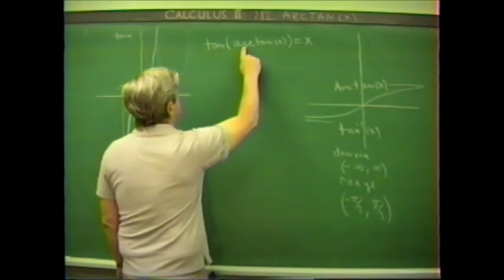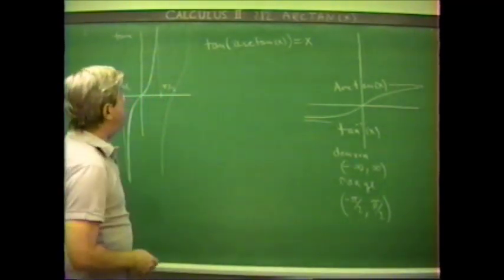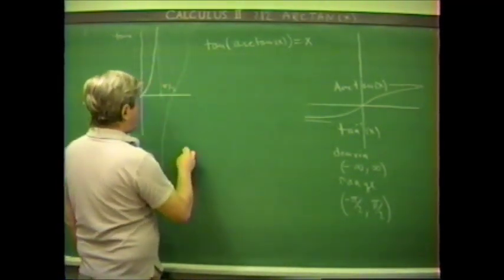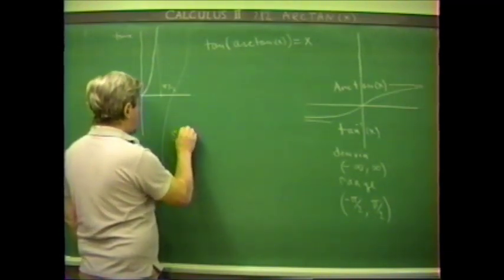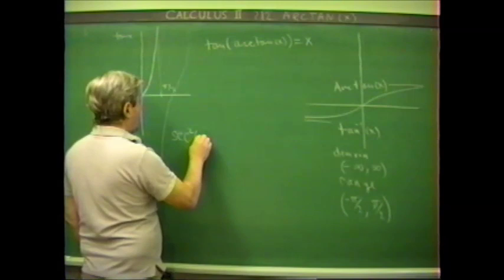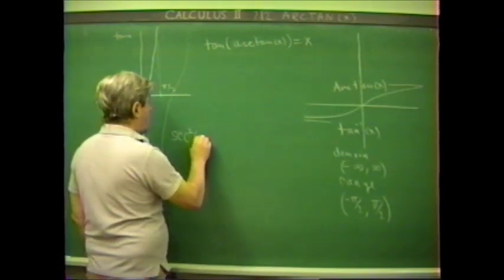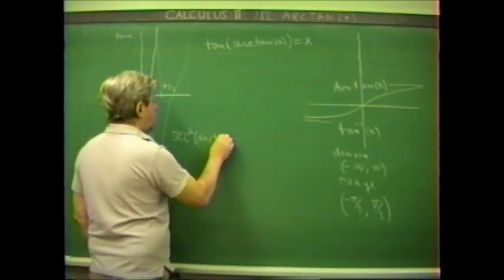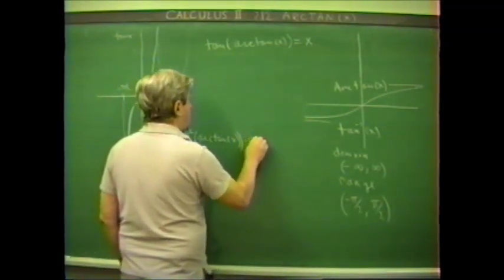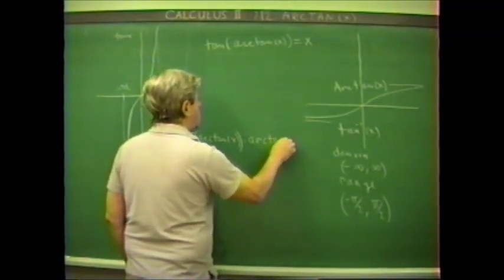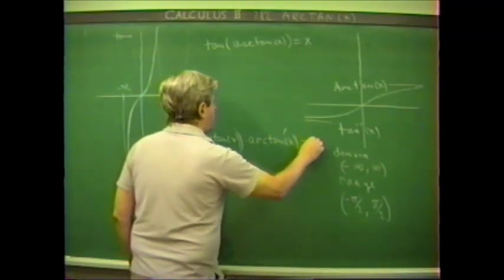And so if we differentiate both sides here, we're going to get the derivative of the tangent is secant squared. So we want that at arctangent of x times the derivative of arctangent of x is 1.